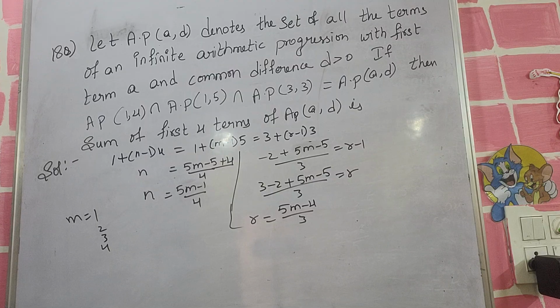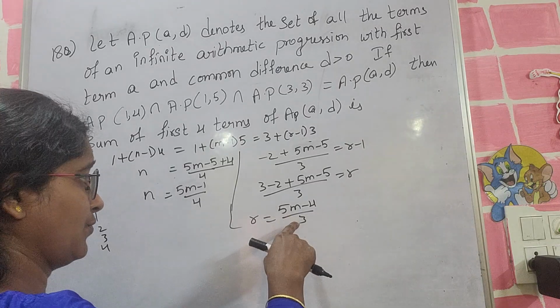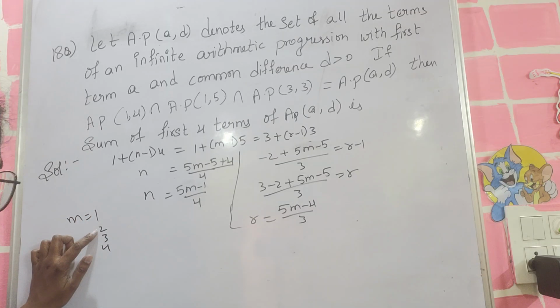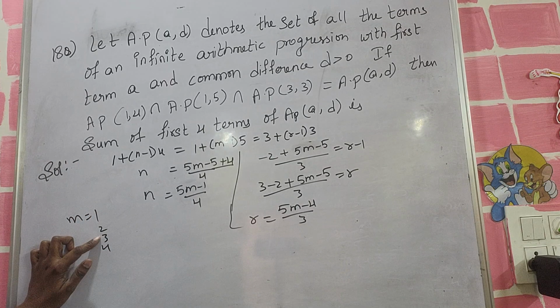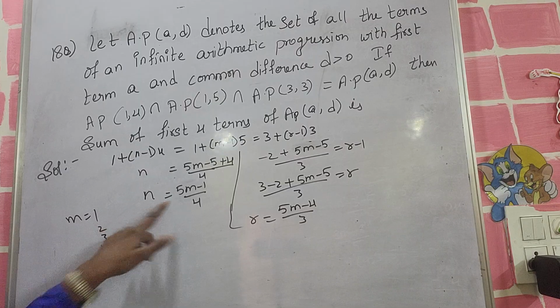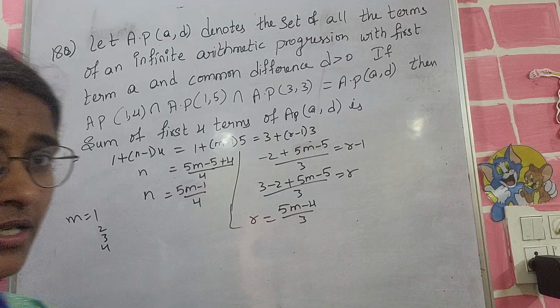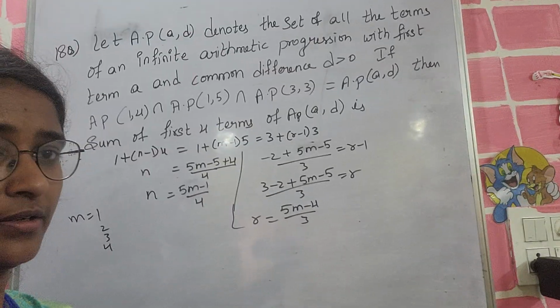Minus 4 is over there. Then I think somewhere I'm making a mistake. 3 fours are 12 minus 5. One second, I'll just see what happened here.